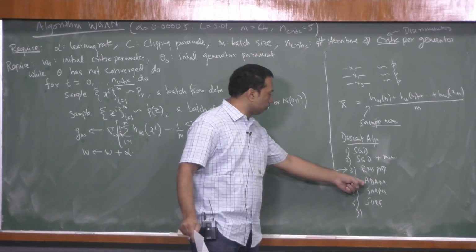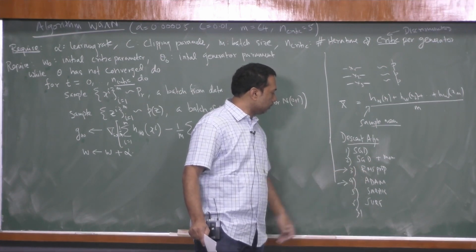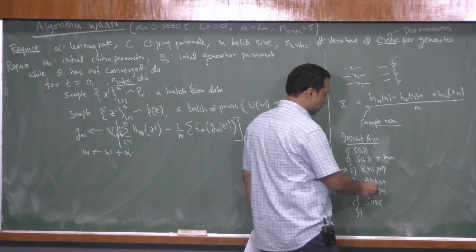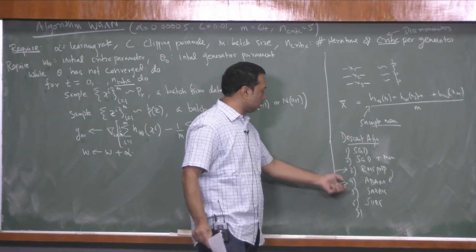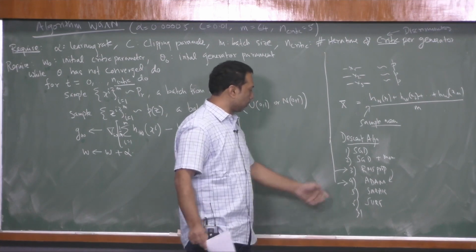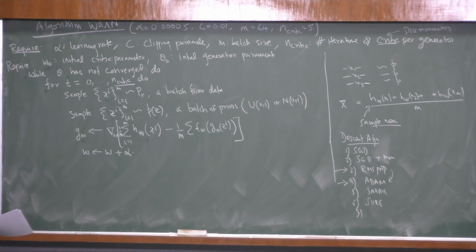Adam is an extended variant of RMS prop in the sense that it does some bias correction as well. So there is an additional step here, but otherwise for practical purposes you can use any of these. This is an optimization topic, so I won't go there. I will just say use one of these which are known to be good.